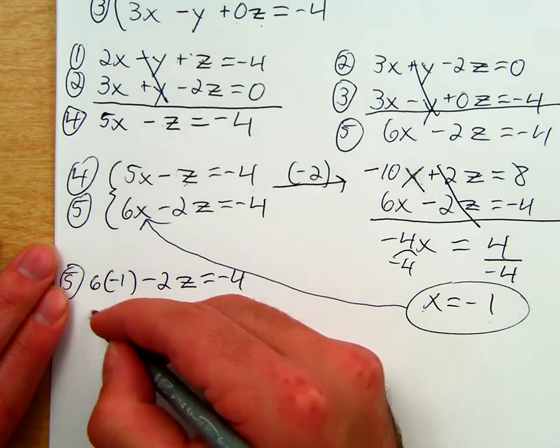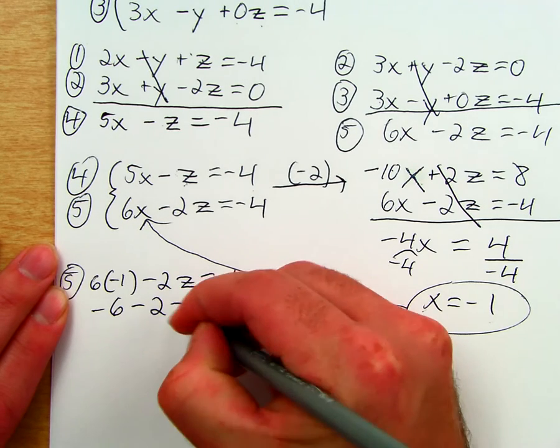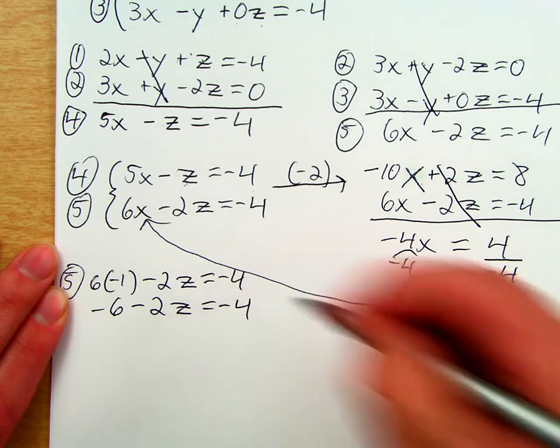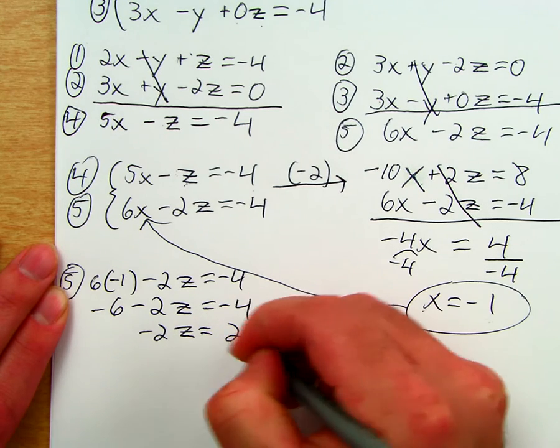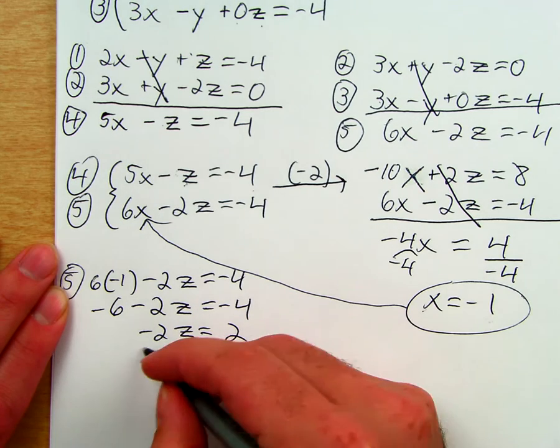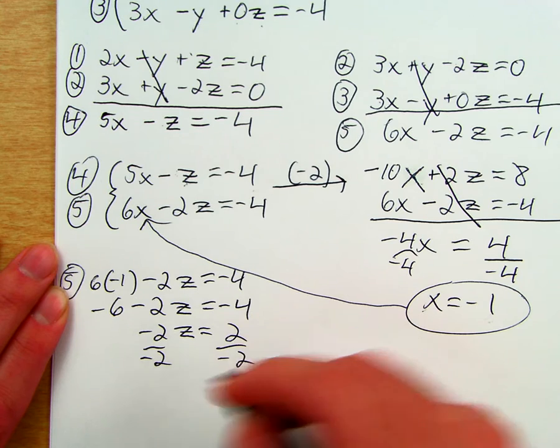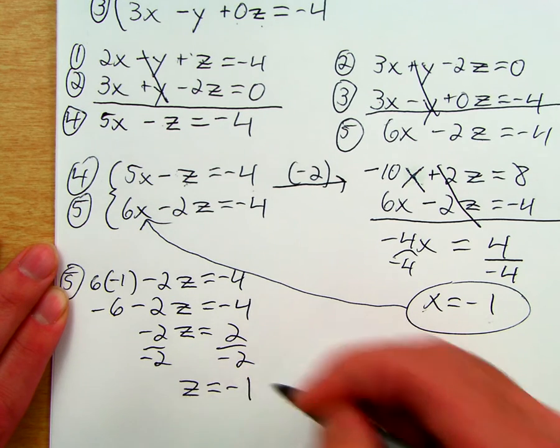So we get negative 6 minus 2z equals negative 4. Negative 2z equals 2. Add the 6 to both sides. Divide by negative 2. I get z equals negative 1.